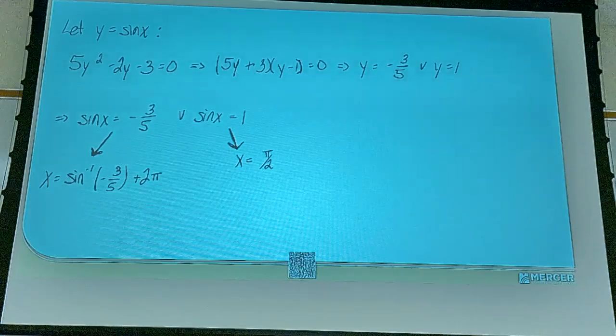So you just take the inverse sine, it's going to give you something between negative pi over 2 and 0. We want between 0 and 2 pi, so just add 2 pi to get its coterminal angle. That's the quadrant 4 angle. We still need the quadrant 3 angle.